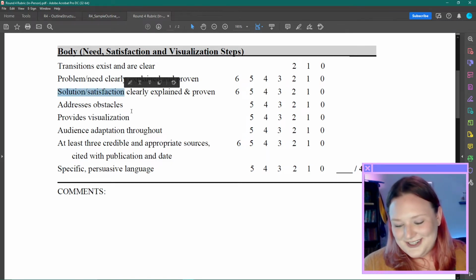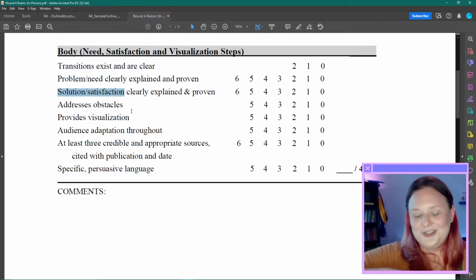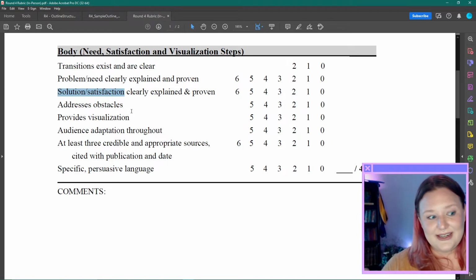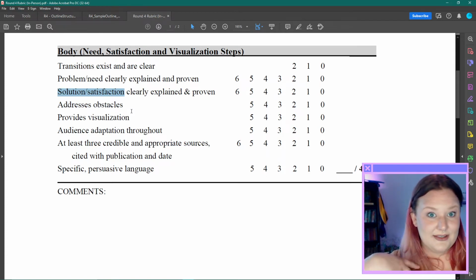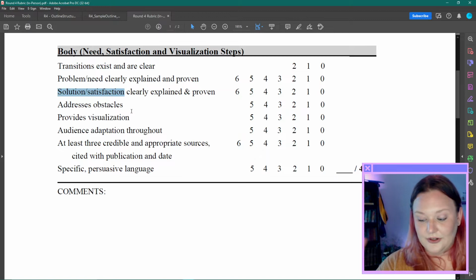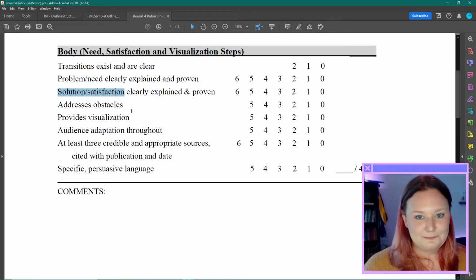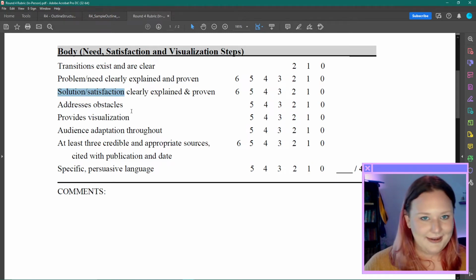Moving on to your solution and satisfaction, beyond identifying and explaining what it is you want us to do, make sure you're giving us enough detail so that we understand exactly what you're asking of us or calling for, rather than just saying, you should start eating healthier. Tell us how, in what way, that kind of thing.